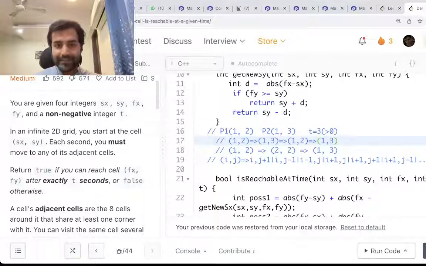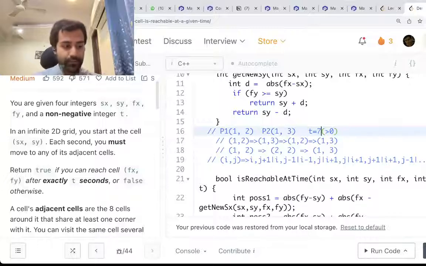Even if the value of t was 5, the answer would have been true, because you can again go from 1 comma 3 to 1 comma 2 and then back from 1 comma 2 to 1 comma 3. Even if it would have been 7, the answer would have been true. This is a pattern which I want you guys to see and clearly understand. Does it make sense?